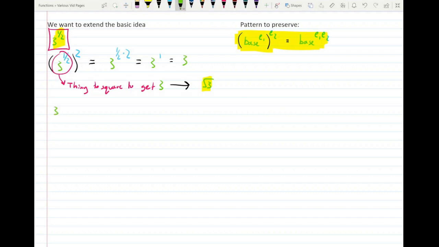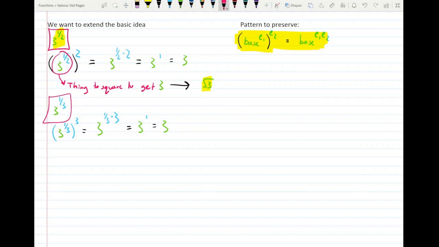By similar logic, if we want to assign some value to, let's say, 3 to the 1/3, well, we know that cubing this thing will give you 3 to the power of 1/3 times 3, using that pattern that we want to preserve, which again equals 3 to the 1, which is just 3.